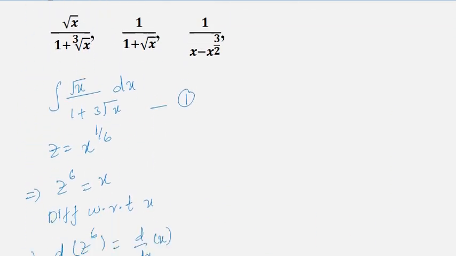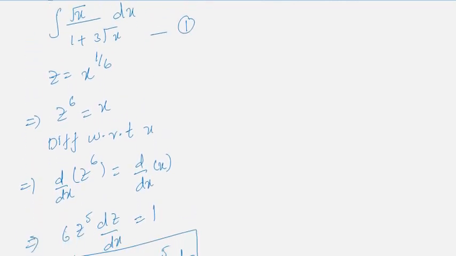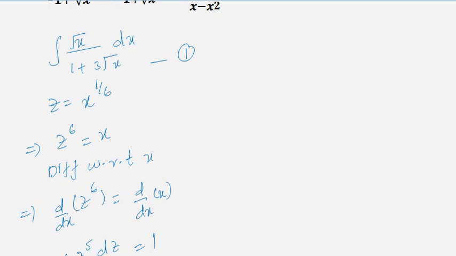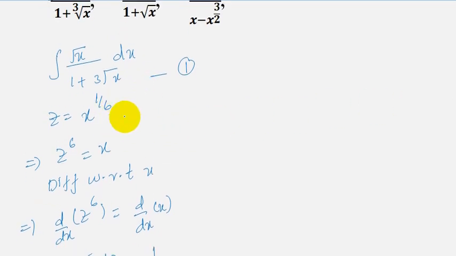Now we put these values in equation number 1. For equation 1 we can find the values of square root of x and cube root of x. As z equal to x raised power 1 upon 6, for square root of x, we take cube on both sides.